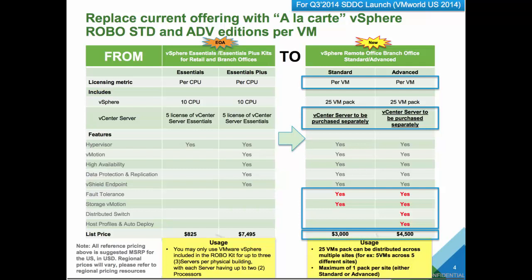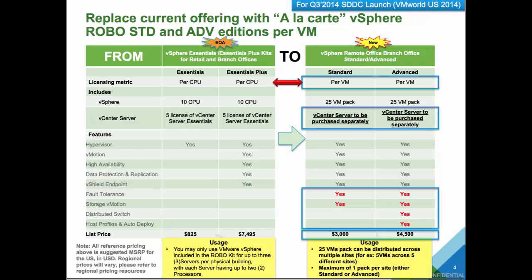So VMware decided to repackage the ROBO licenses, and on the right you see there is now either a standard or advanced. Now let's go through some of the major changes between the old and the new type of ROBO licensing. First one is, again, the old license was per CPU. The new licensing is now per VM.